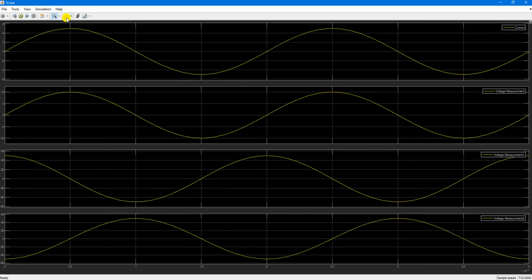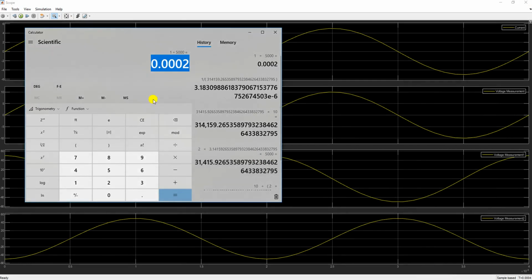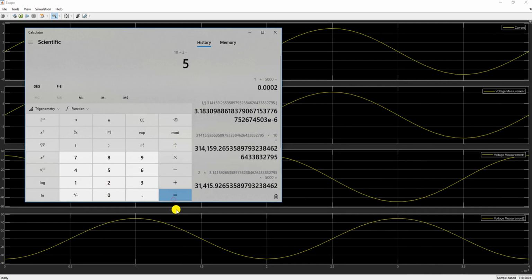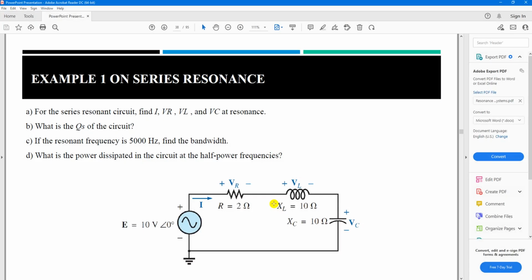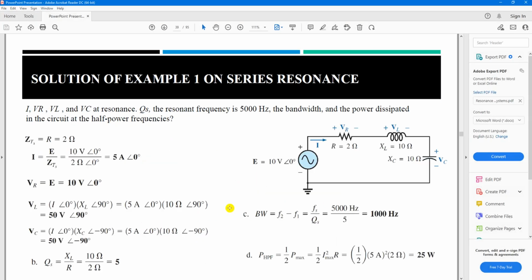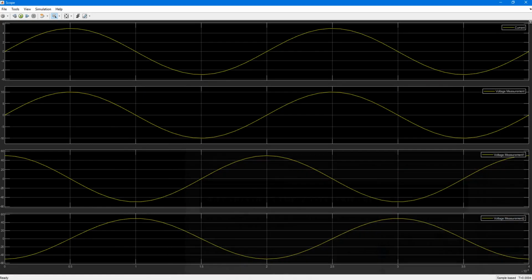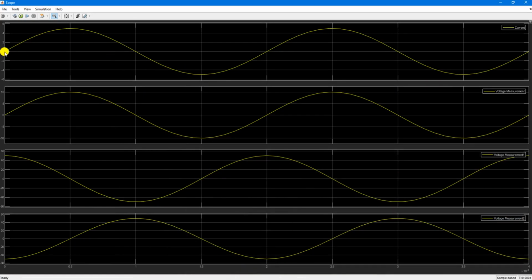If you already know about resonance, you know that the peak current is equal to the supply, which is 10 volt, divided by the resistance, which is 2, giving us 5 ampere. The current through a resonant circuit is the supply divided by the pure resistance. And there is zero phase shift, it starts from 0 like this, similar to the supply.